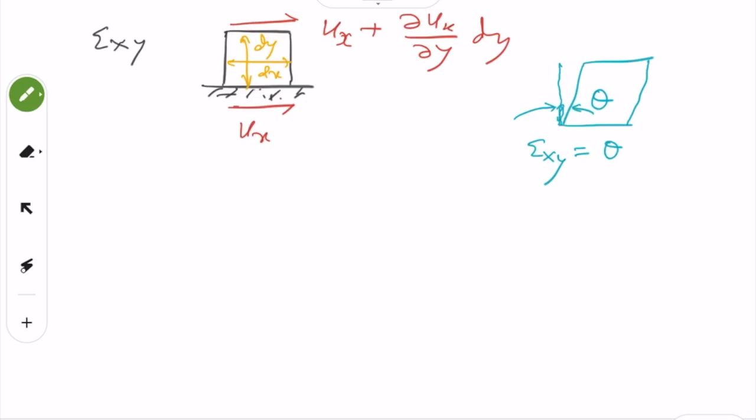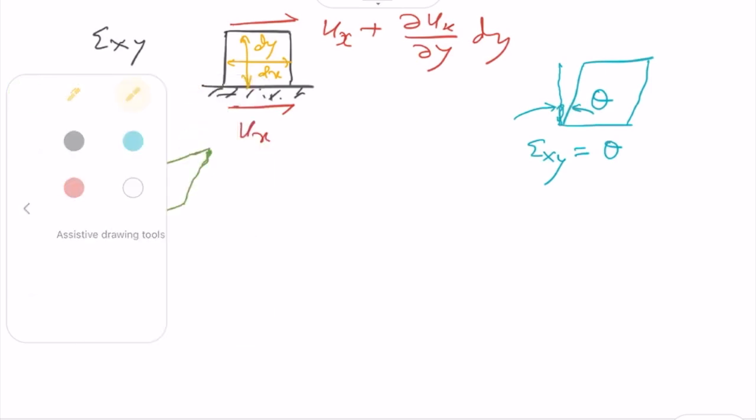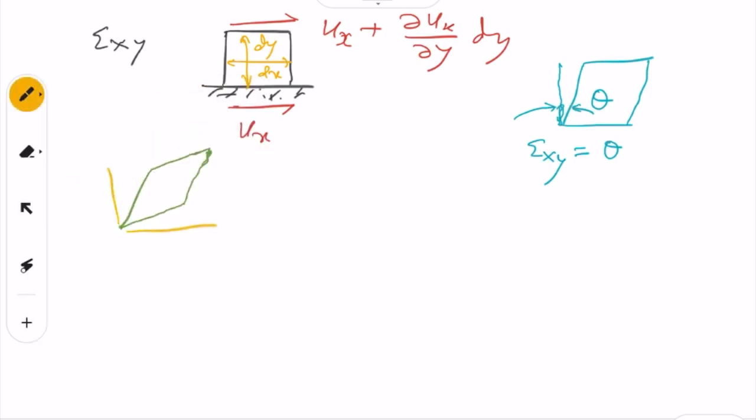Scenario will be something like this and like this, exaggerating a bit. So that means we will have two angles, right? We will have a theta 1 here, and this way we will have theta 2.